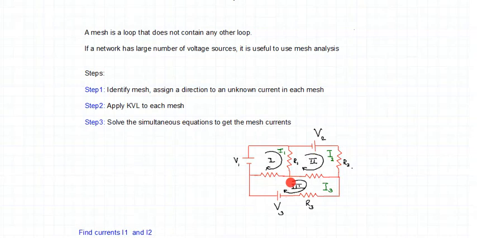So this is the concept of mesh analysis. The very important thing we understood is that the best time to apply mesh analysis is when the network consists of a large number of voltage sources. If there are a large number of current sources, you can go for applying KVL.